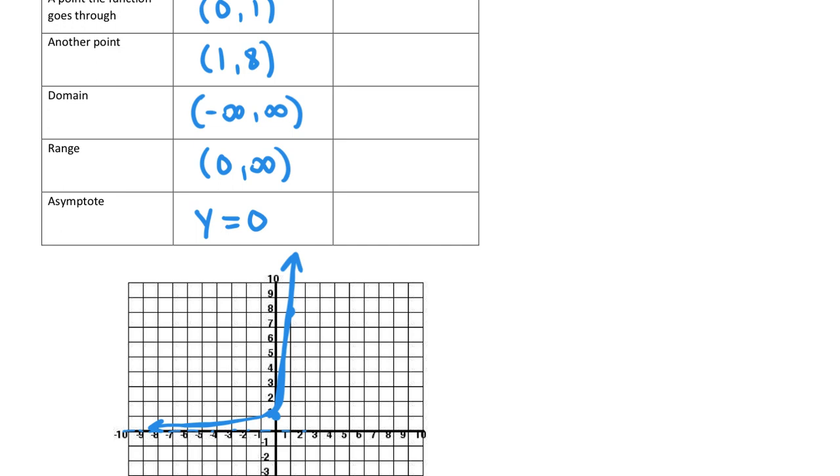The next thing we want to do is graph log base 8 of x. Sounds scary, but it's not. Anything that's an X becomes a Y, and anything that's a Y becomes an X. So we can just flip that around.